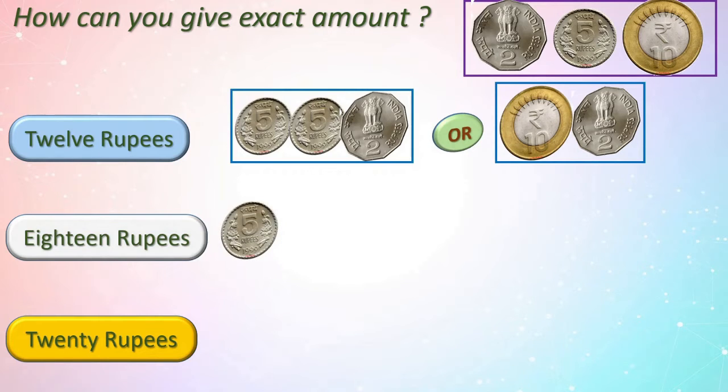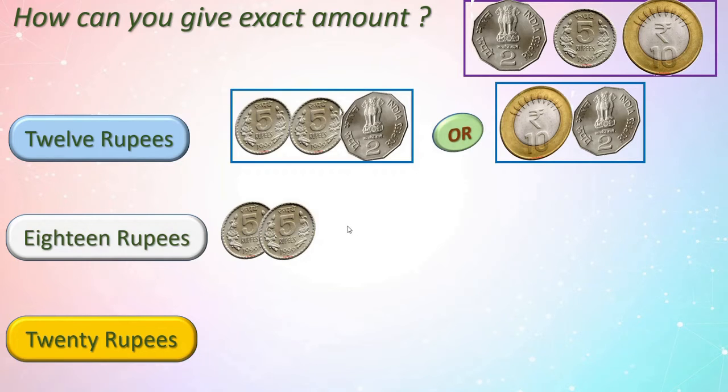Okay, here 5 rupee 1 coin, 2 coins. It became 10 rupees. Right? Again, can I use 5 rupees one more time? Then it will become 15. Yes. Then 2 rupees. That became 17. Then we are in need of 1 rupee coin. But we don't have 1 rupee coin.